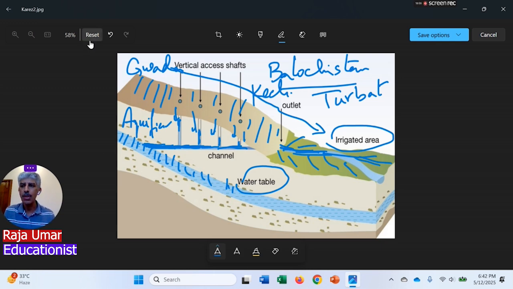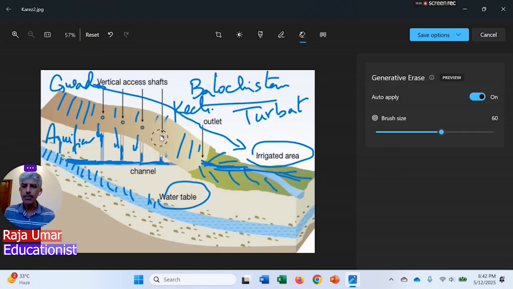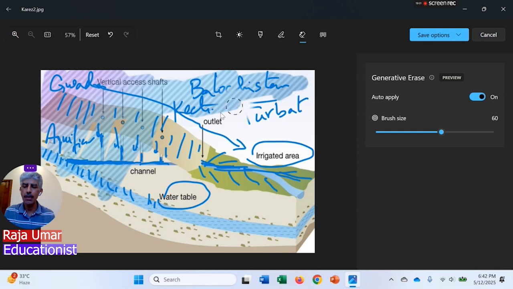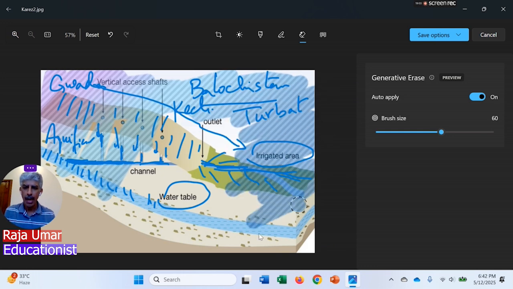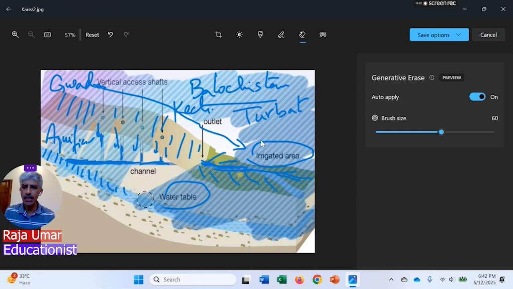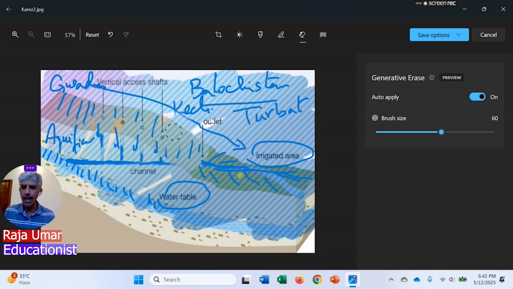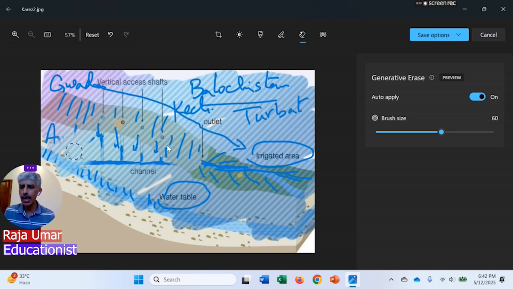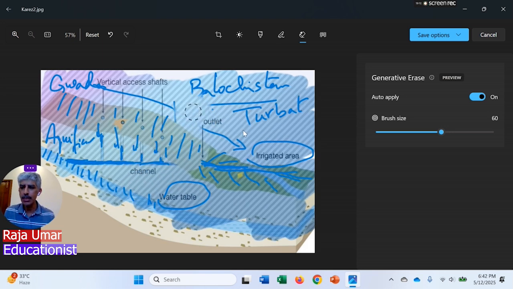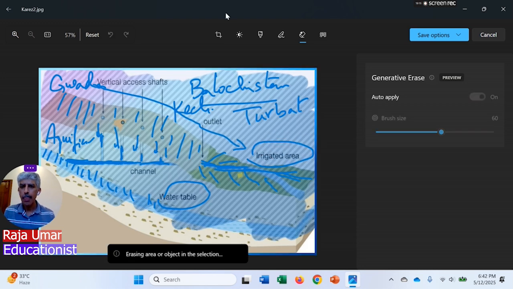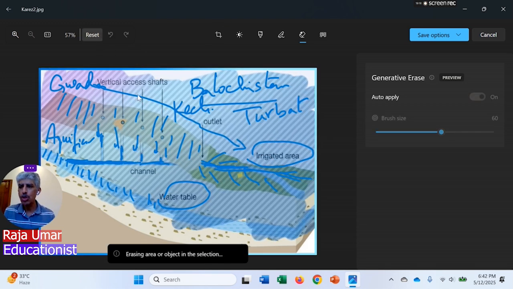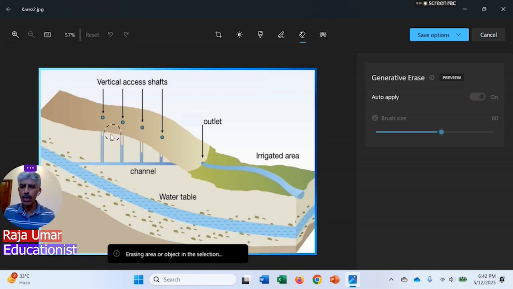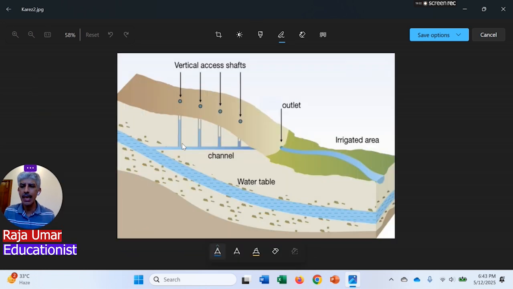This is how the whole Karez system is used: there is the aquifer underneath, I mean the water table, and that water is transported underground to prevent evaporation, as we know there is a lot of heat in the Balochistan region.